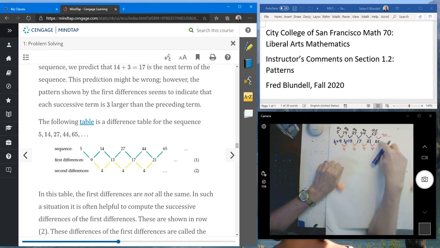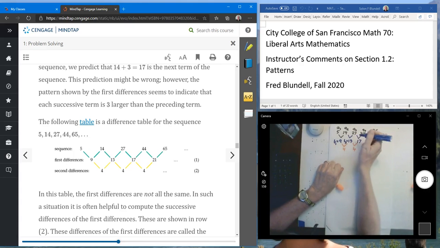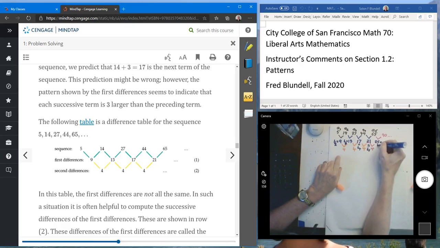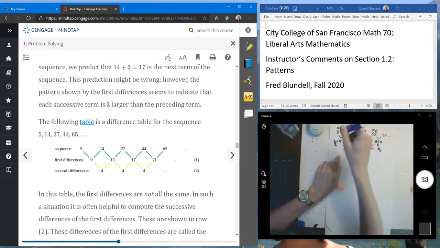You know what I want to do? I want to change this a little. I want to call this one, it'll just be a little simpler if I call this one B2, B3, B4, B5, B6, okay?